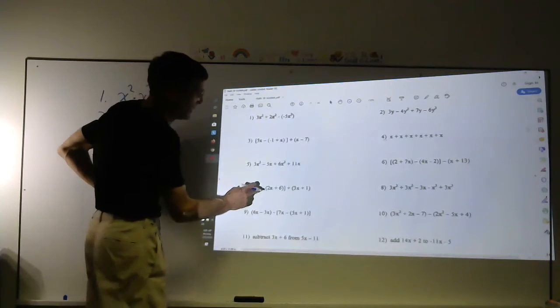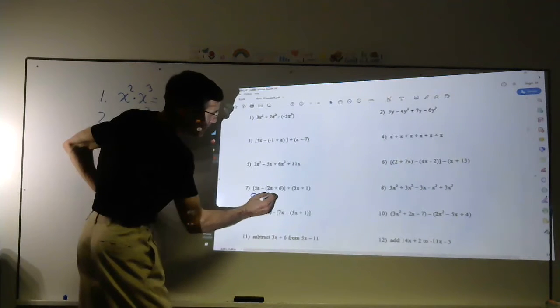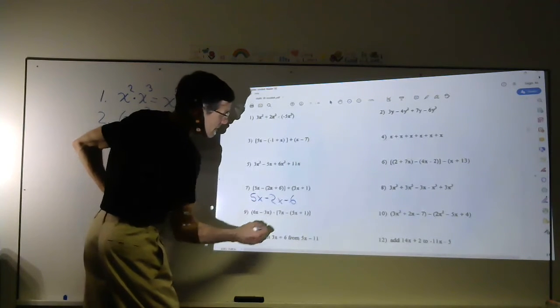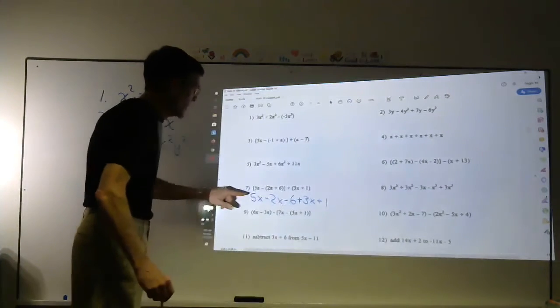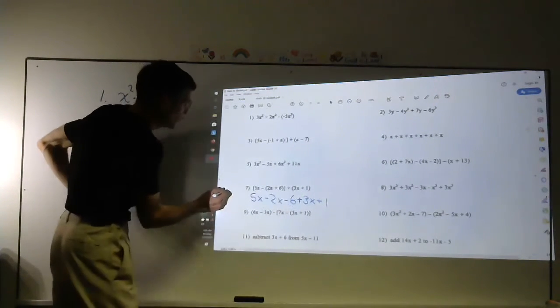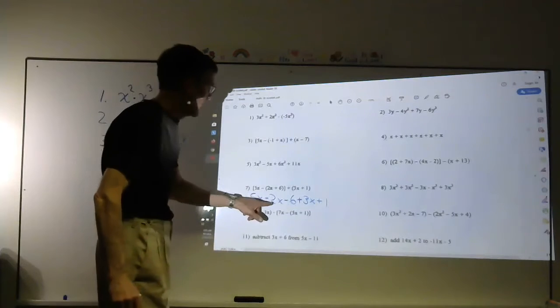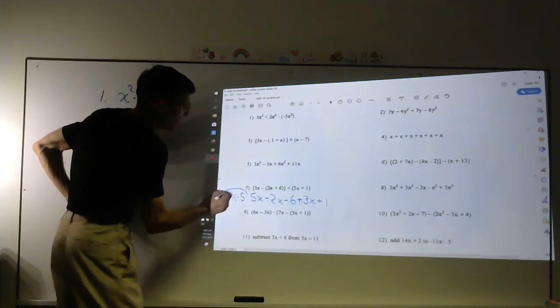Okay, so take the negative into both parts is 5x minus 2x minus 6 plus 3x plus 1. 5x minus 2x is 3x, plus 3x is 6x. And negative 6 plus 1, subtract and give it the sign of the biggest, minus 5.